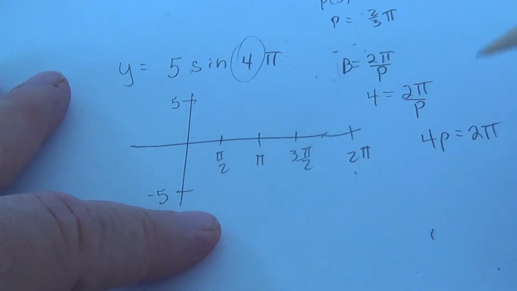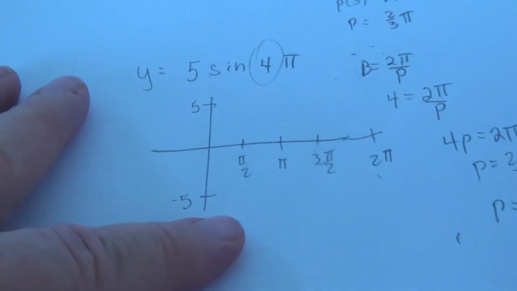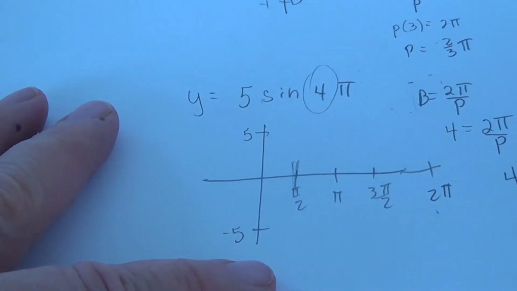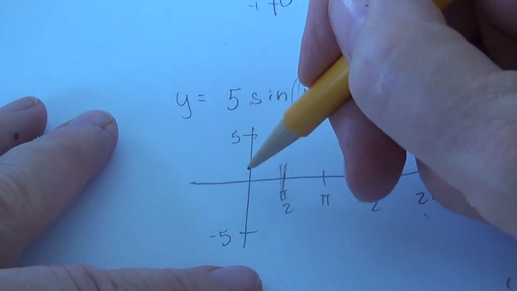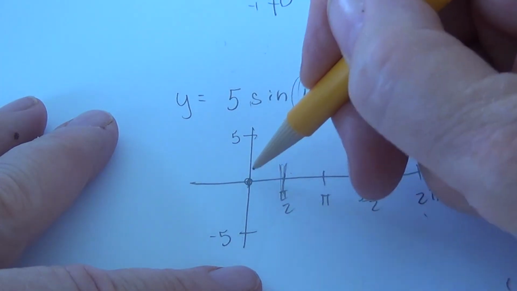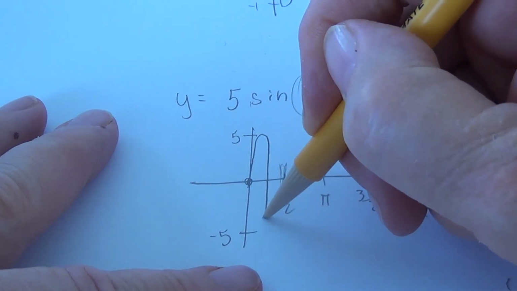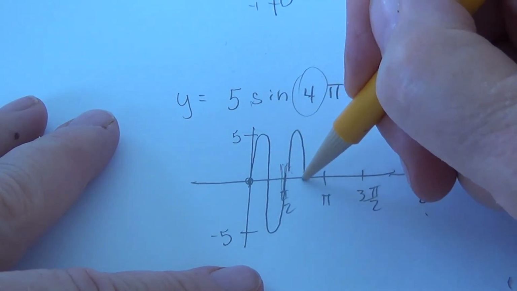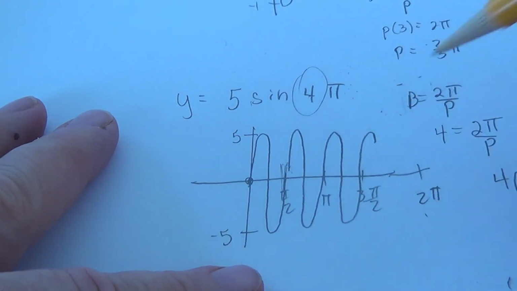And I get period equals 2 pi over 4, or that reduces to pi over 2. So that's a nicer one to work with. So the whole period is going to fit 1 peak and 1 valley within pi over 2 radians. So it starts here as sine does, peaks at 5, bottoms out, and comes back up at pi over 2. So quite squished.